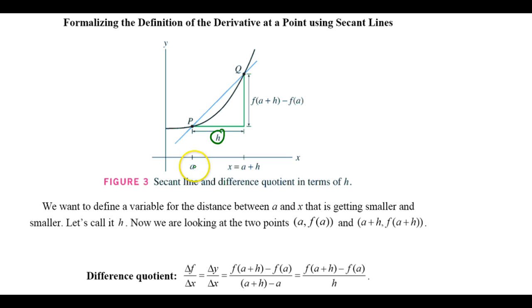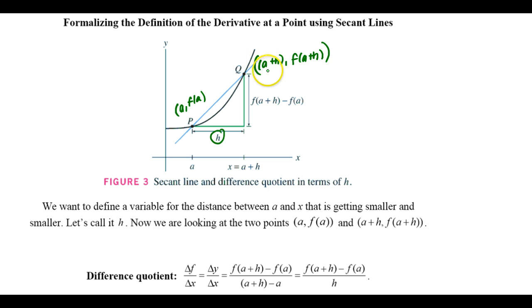So if this first point is A and this distance here is H, then this coordinate X is A plus H. So now we have this point here at P, which is (A, f of A). And if we call this distance here H, then this x value is A plus H, so this coordinate point is (A plus H, f of A plus H).